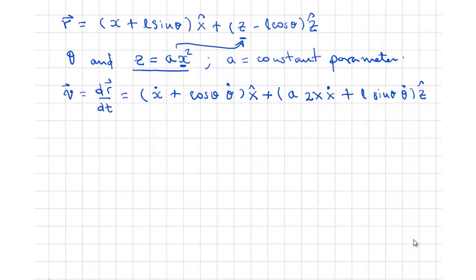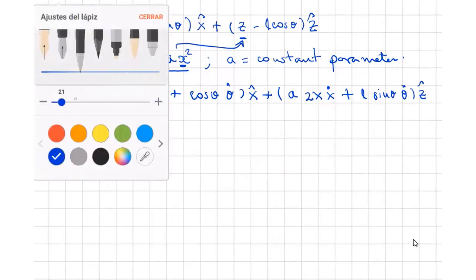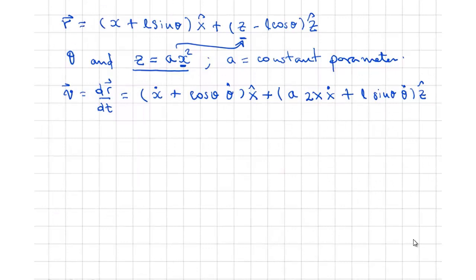Well, so we have the velocity of the mass and the position. Okay, this is the position and this is the velocity of the mass.